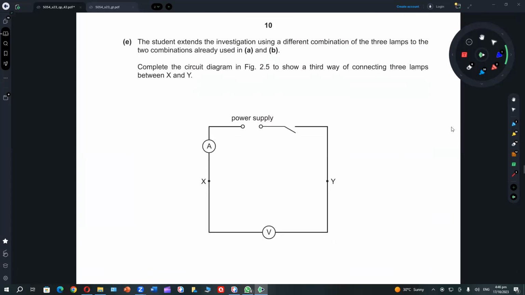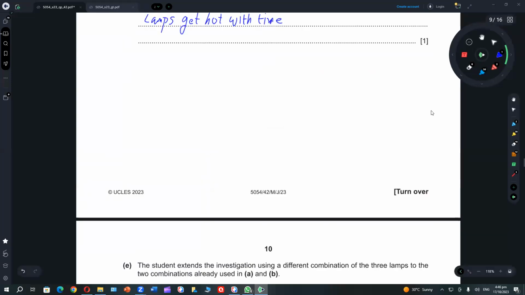The student extends the investigation using a different combination of the 3 lamps to the 2 combinations already used in A and B. Now he has made another combination. Complete the circuit to show a third way of connecting 3 lamps. Look at the first one.